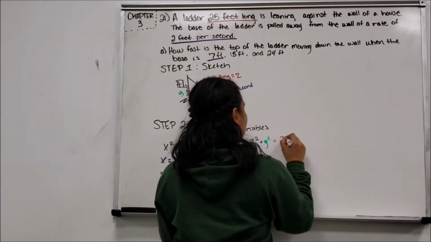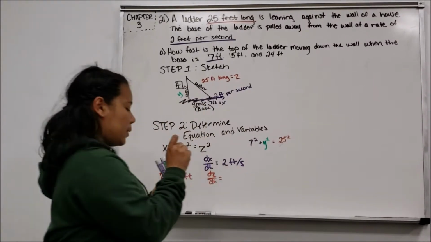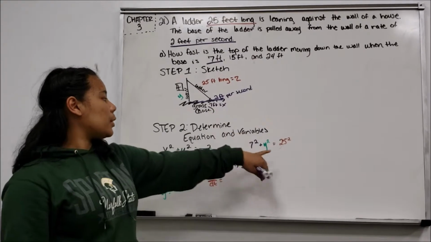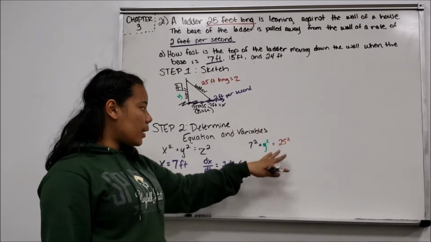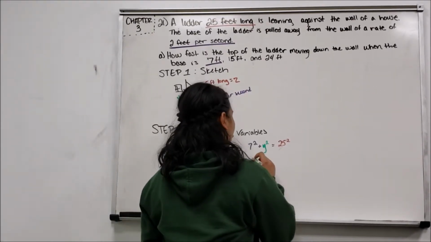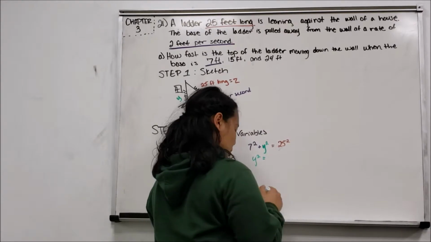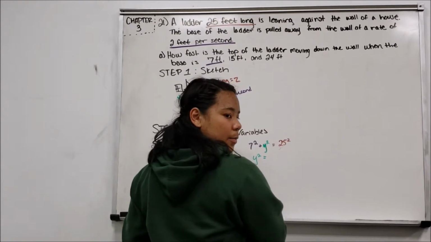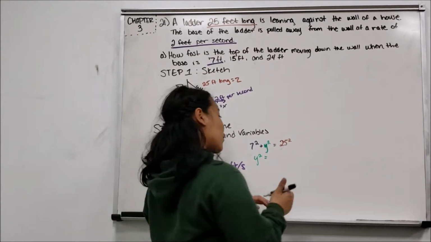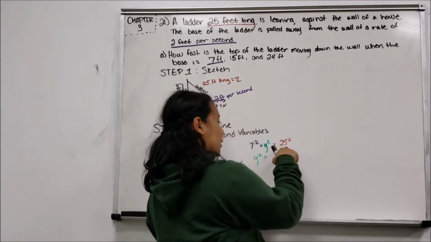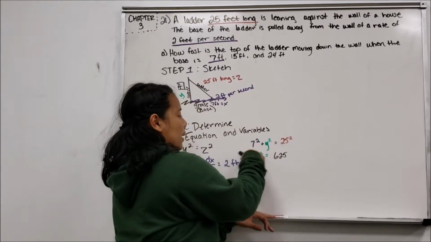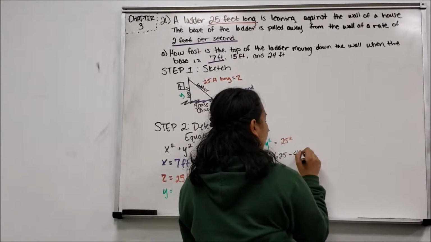And what I did here is I plugged in the x, which is 7, and I plugged in the z, which is 25, and I squared them. And that will give me y squared equals 625 minus 49. So 25 squared is 625, 7 squared is 49, but I have to get y on the other side, so I subtracted it already.